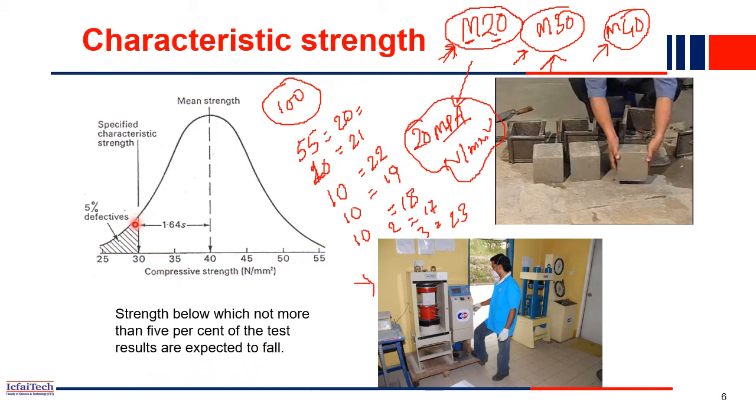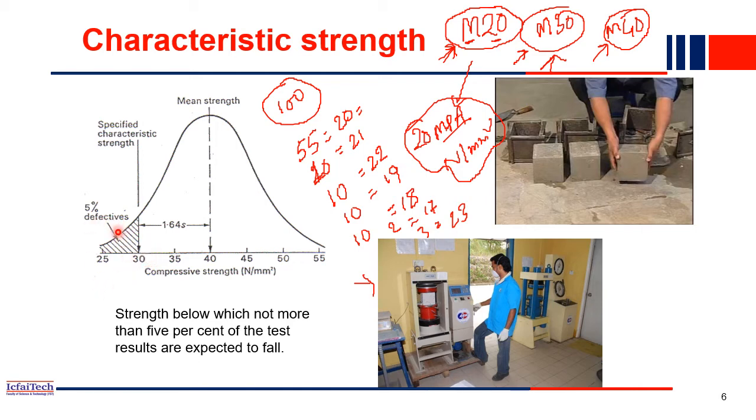See, we are always going to the safer side. Although the maximum samples give 40 strength, we won't consider 40 in our design. We consider the strength of the concrete as 30. We are going below; we are underestimating the concrete to be on the safer side.